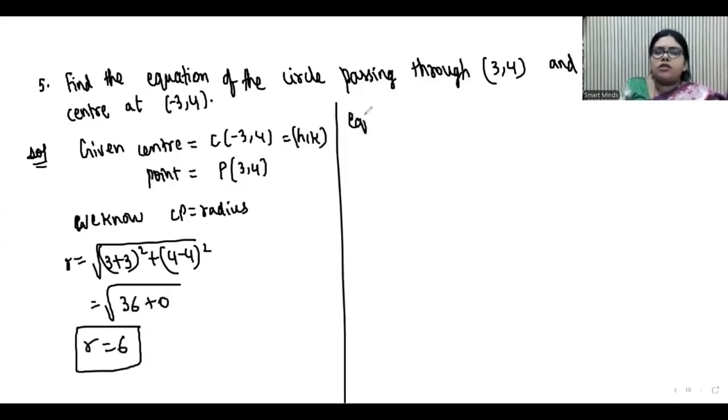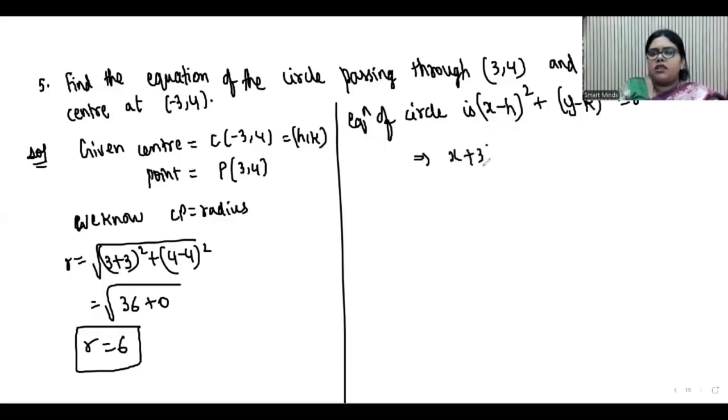Now what is the equation of circle when center and radius is given? It is (x minus h) whole square plus (y minus k) whole square is equal to r square. So (x plus 3) whole square plus (y minus 4) whole square is equal to 6 square.